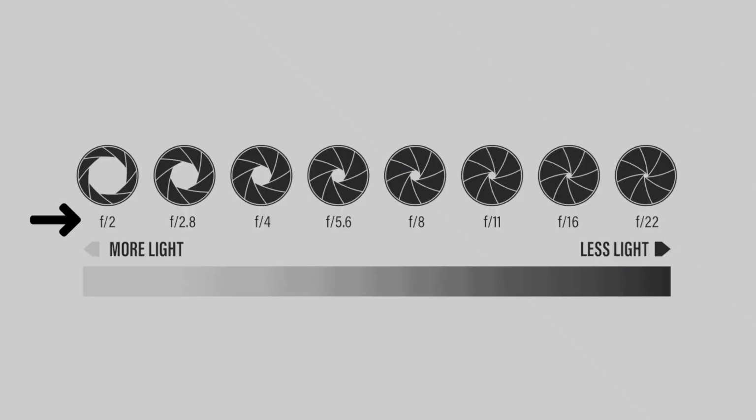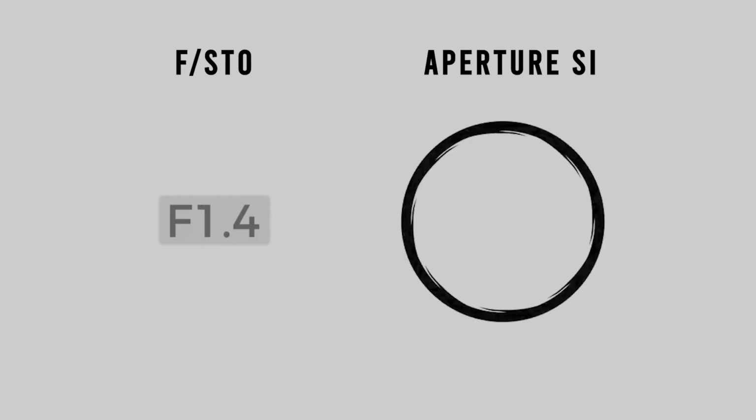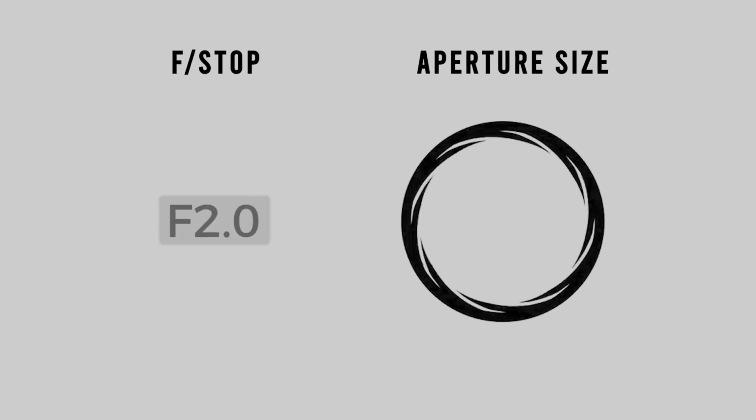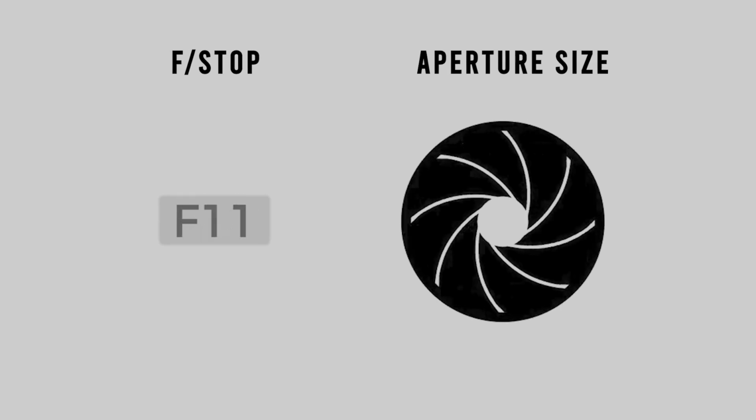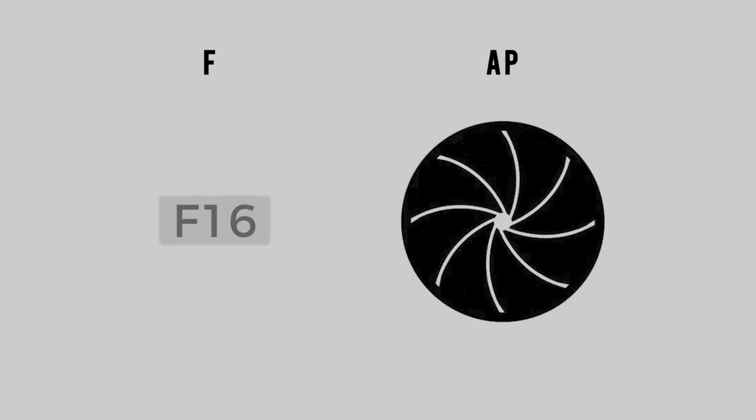Decreasing the range of f-stops means more light will pass, while increasing the range of f-stops means less light will enter through the lens of a camera. The smaller the f-stop, the larger the aperture, while the larger the f-stop, the smaller the aperture.